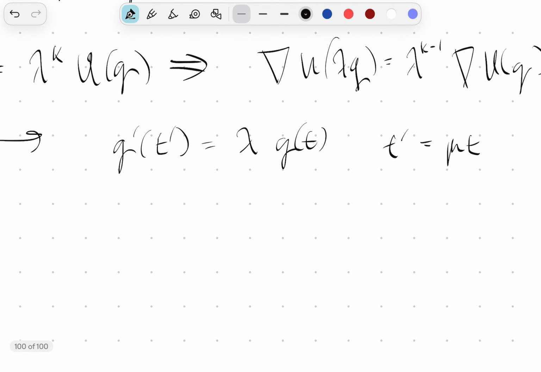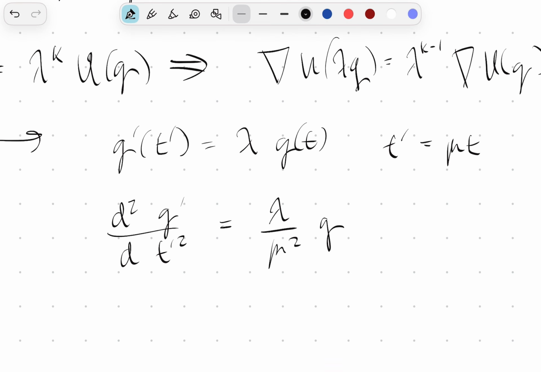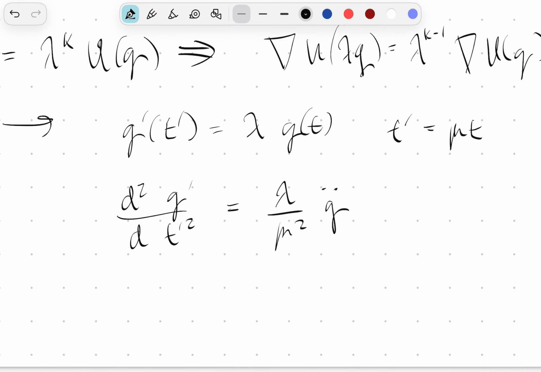Now if we do that, the left-hand side will scale as the second derivative of the coordinate prime in this transformed system to be lambda over mu squared times q double dot.